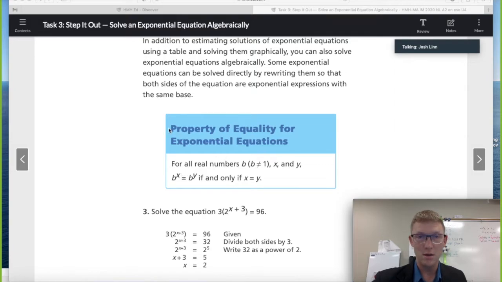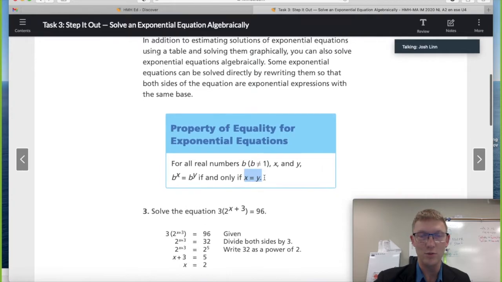If b is not equal to 1, then for all real numbers x and y, b raised to the power of x equals b raised to the power of y if and only if x equals y.